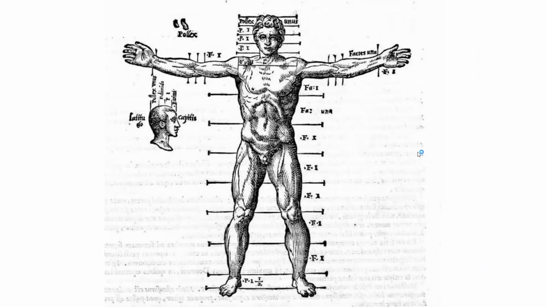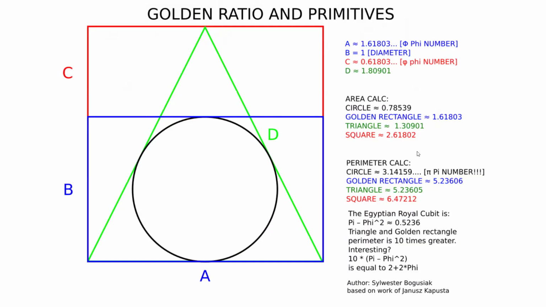We see this golden ratio that comes out of the Fibonacci or golden spiral in the ratios within our own bodies. We see it in very basic geometry. Squares, rectangles, circles. And it is interesting that the circle is really sort of at the center of all of it.